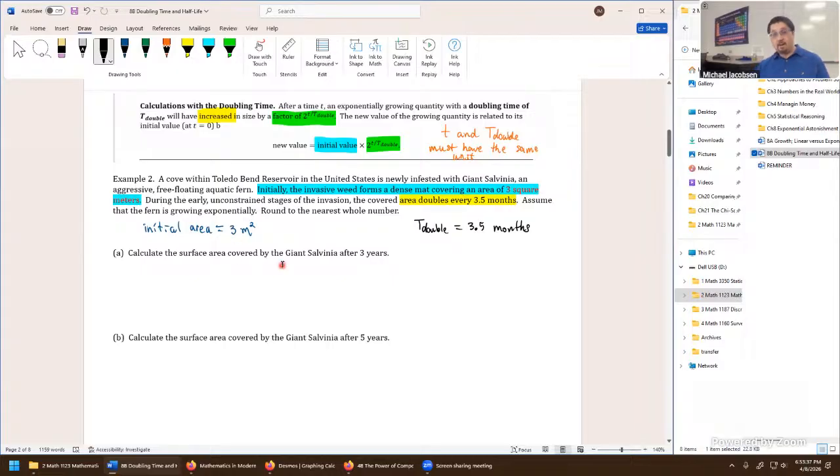We want to know how much the giant salvinia is going to cover this reservoir after 3 years, and then again after 5 years. So that's the context breakdown, really just looking for the key words. Next, we'll drop it into the formula to find the area coverage. Any questions at the moment before we launch into the formula?